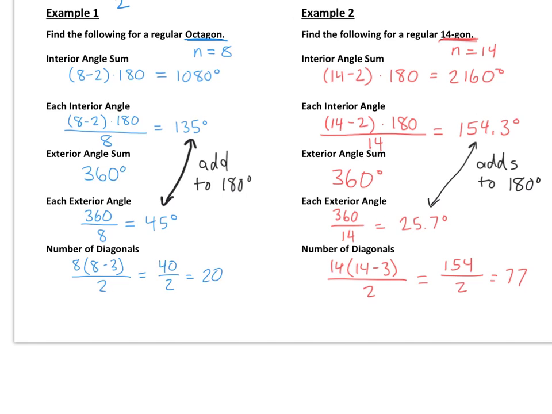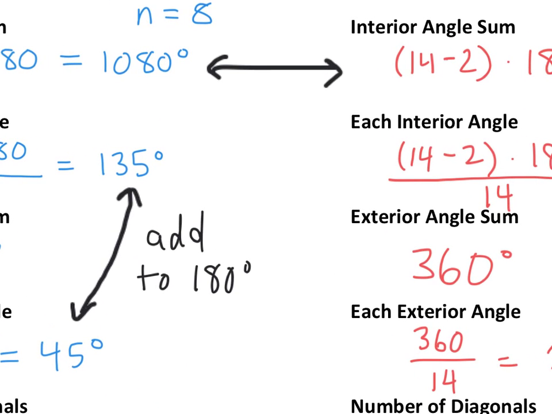Next, take a look at the interior angle sums in each. In the octagon, it is 1,080. In the 14-gon, it is 2,160. As number of sides increases, or in other words, as n gets bigger, these are going to increase as well.